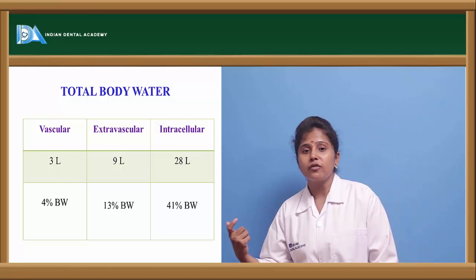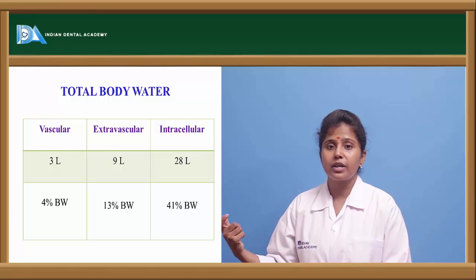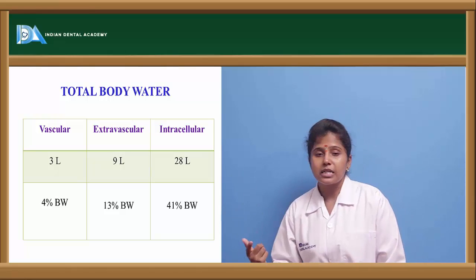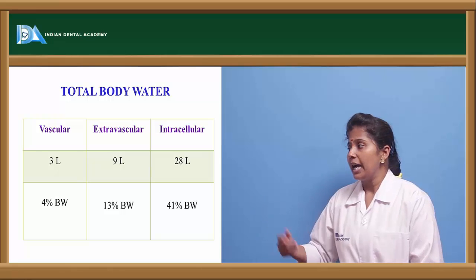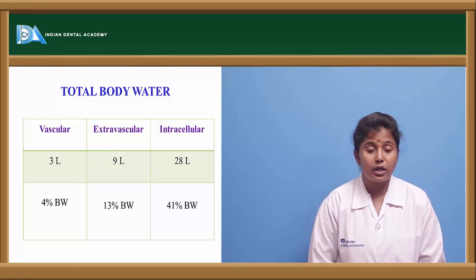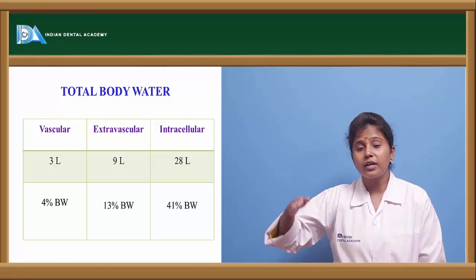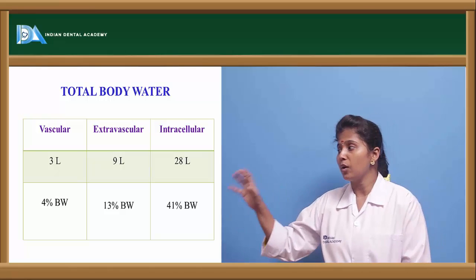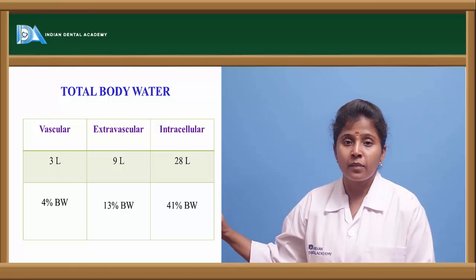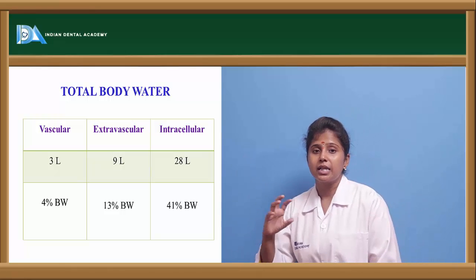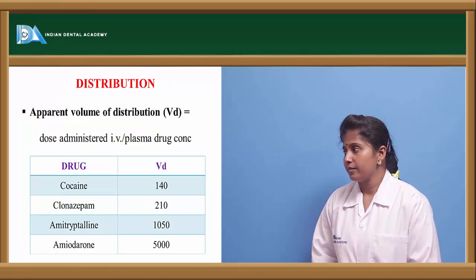The percentage of body water in the vascular compartment is 4%, extravascular body water is 13%, and intracellular body water is 41%. So total body water is distributed in this way, and at these parts the drug is getting distributed.